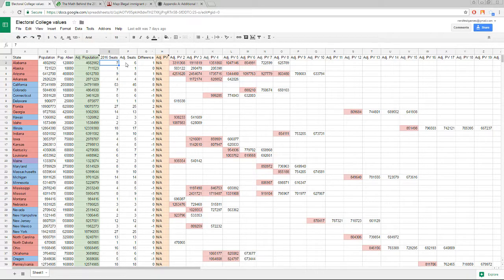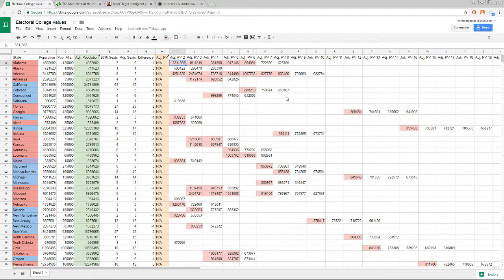Now, if we want to calculate how they got the 7 seats, you have to calculate the priority value for seats 2, 3, 4, 5, and 6 for all of the states, and you pick the highest priority values.